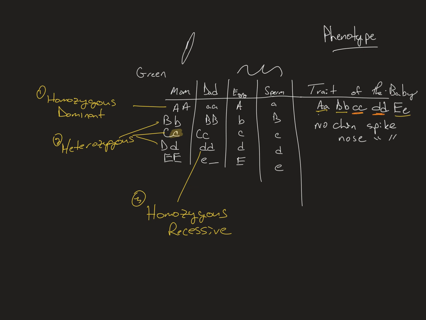And C, it's both recessive, so now you have what? Forehead flaps. Is that right? Yeah. And D is recessive, so we have what? Visible ear hole. Visible ear hole.